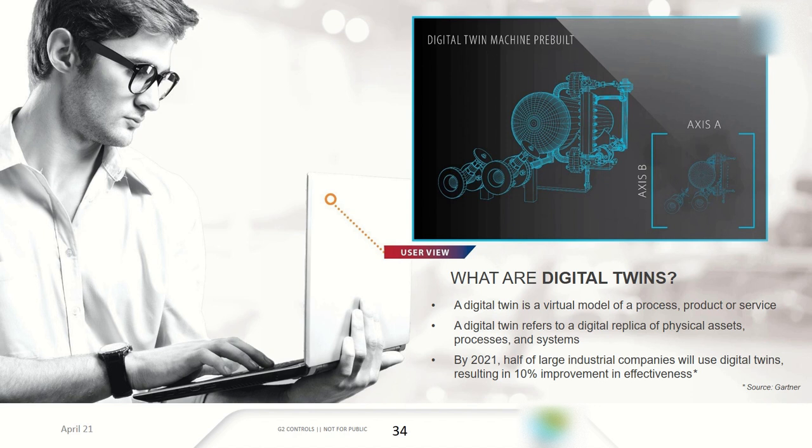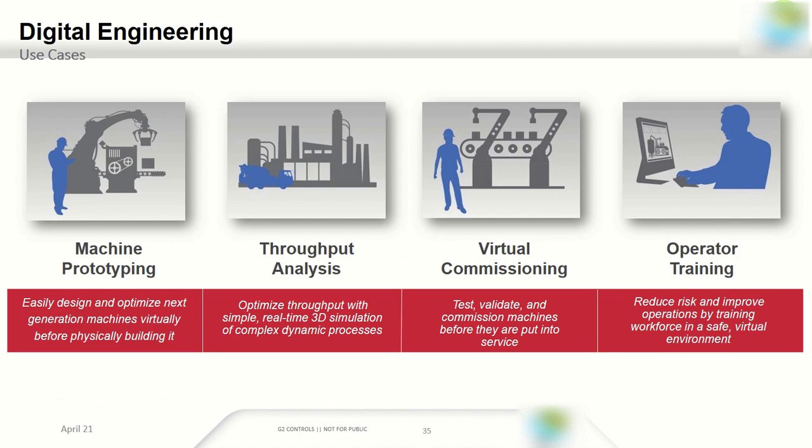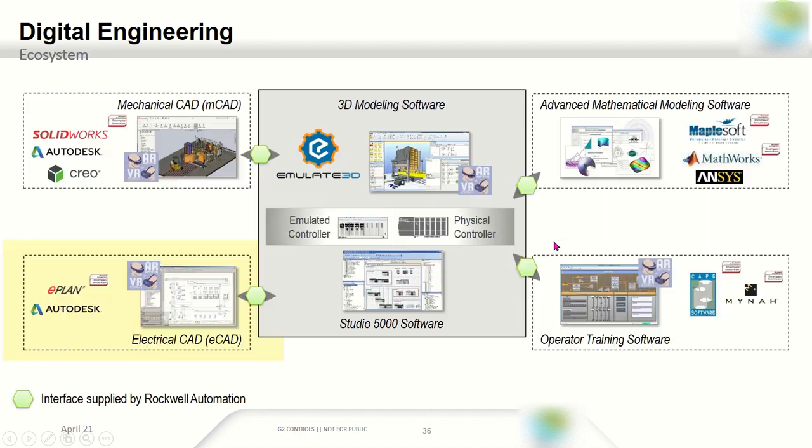Then digital twins, digital engineering. In digital engineering: machine prototyping, throughput analysis for the oil and gas industries, virtual commissioning for the line machines, and operator training with SCADA. In digital engineering they have developed an ecosystem: mechanical CAD, SolidWorks, AutoCAD.